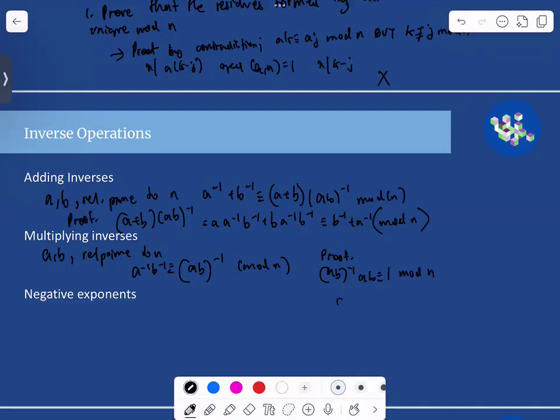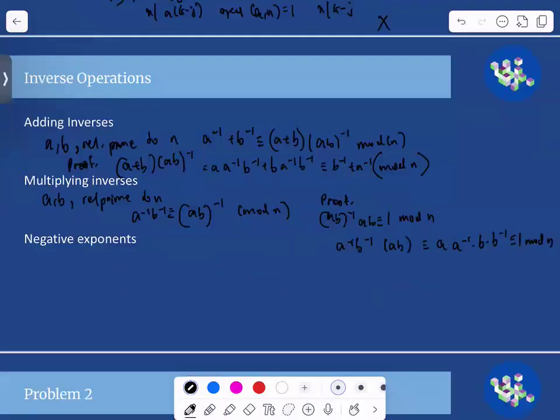And a inverse times b inverse times ab is also congruent to 1 mod n, since it's congruent to a times a inverse times b times b inverse, which is congruent to 1 mod n. And so hence proof.